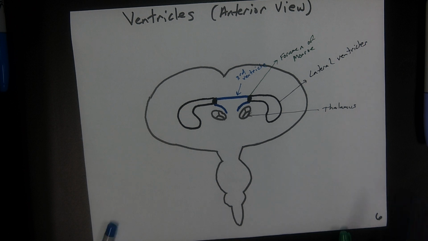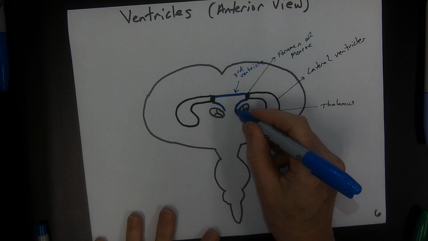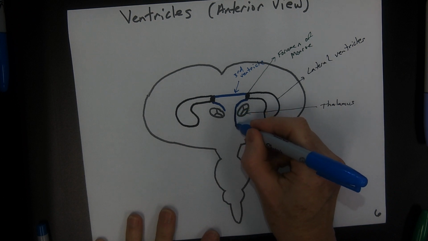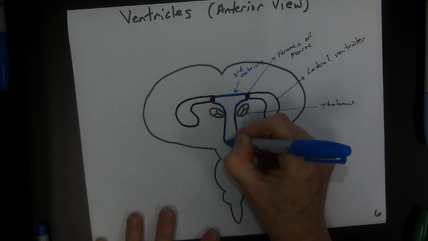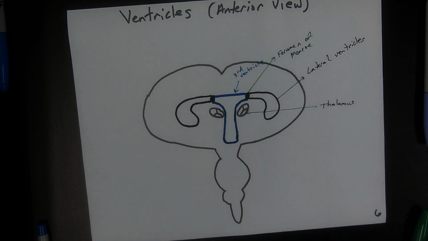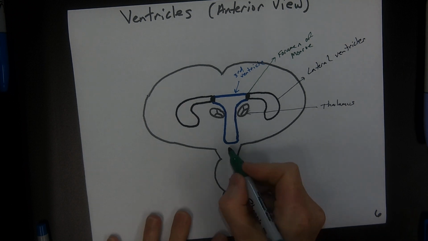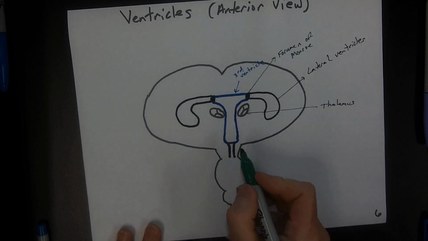Okay, moving on down, you've got your third ventricle that exists here between the thalami. And then connecting up at the base of the third ventricle, no specific name, there's going to be this connector that goes through the midbrain.